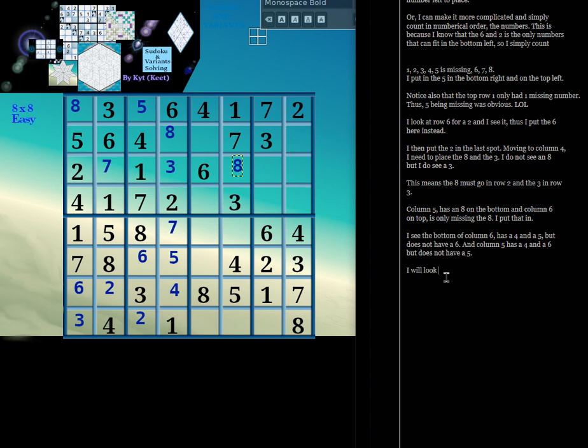I will look at the top for a 5 and see it in row 2. Thus, I know the 5 must go in row 4.